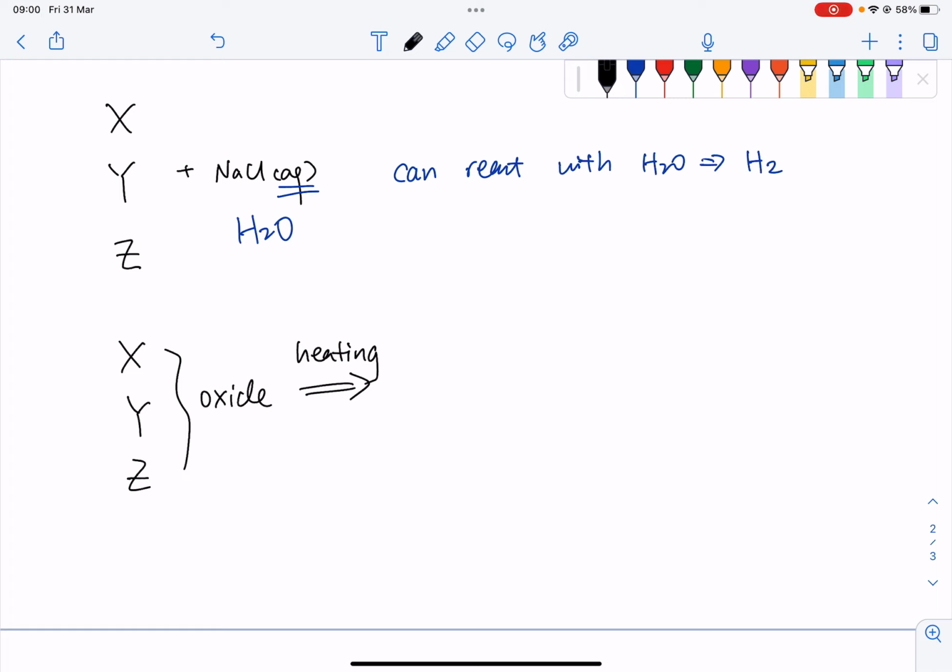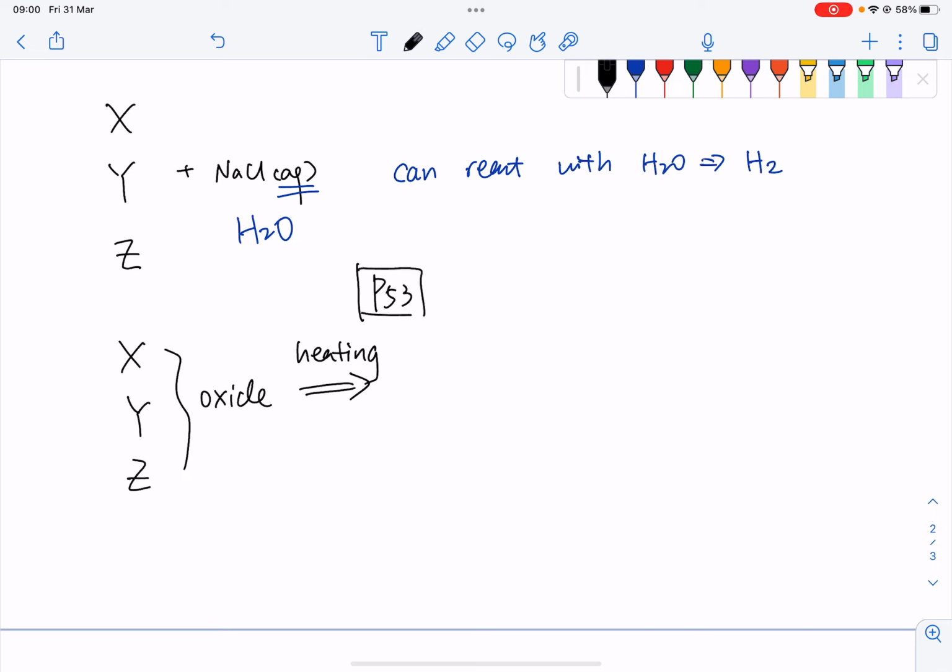So remember from which chapter that we have oxide heating and undergoing reduction, forming a simple metal. If you forgot, please take a look at page 53.